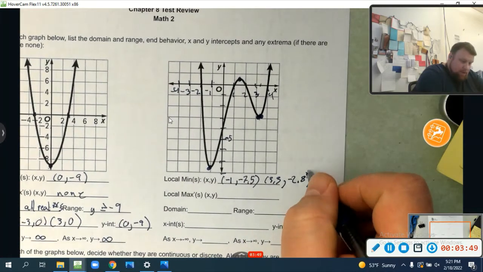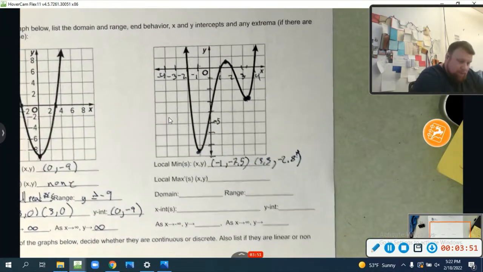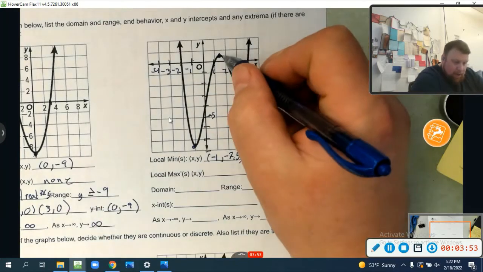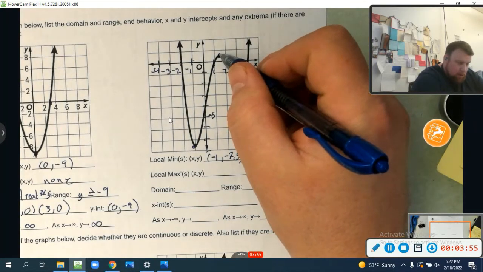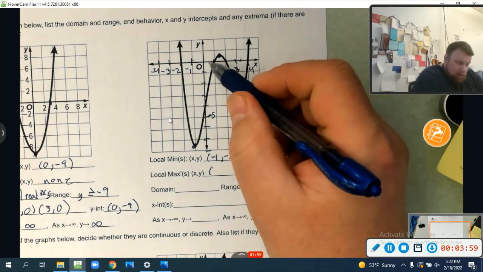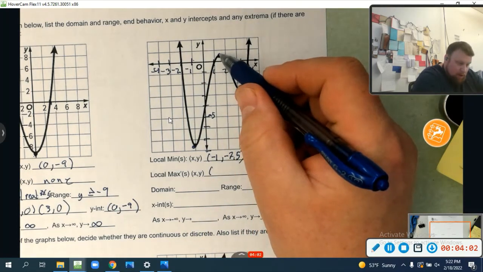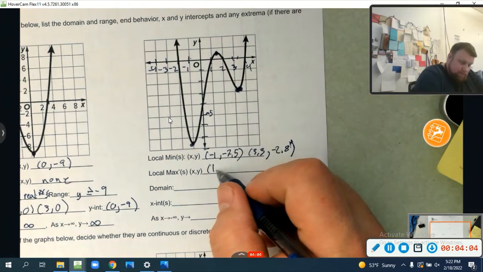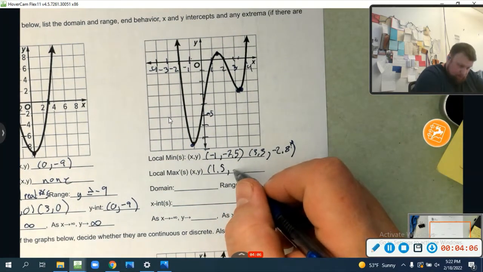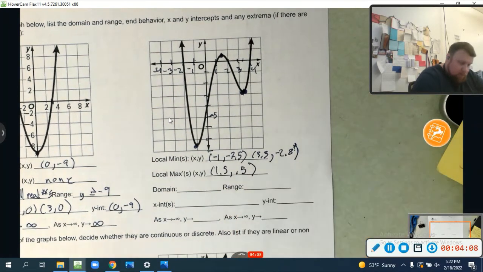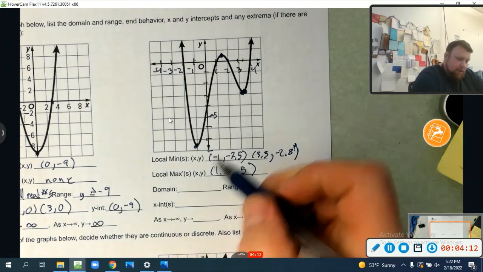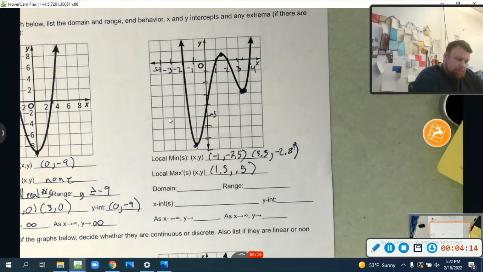If it tells us to give a guess, we'll do it to the best of our ability. And then the local maximum, that looks to be right in the middle of the box itself. So what is that going to be? That's going to be 1.5 and up 0.5. That would be a local max. Now keep in mind, this is the actual minimum.